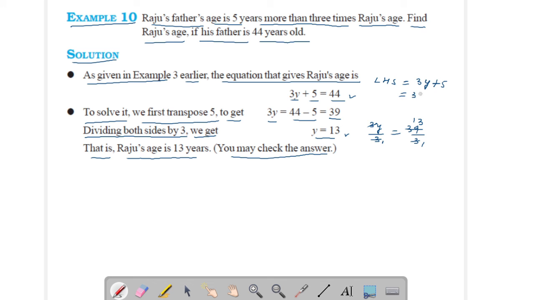Replace y by 13: 3 times 13 plus 5. 3 into 13 is 39, plus 5, it is 44, which is equivalent to the right hand side. In this way we can check this solution.